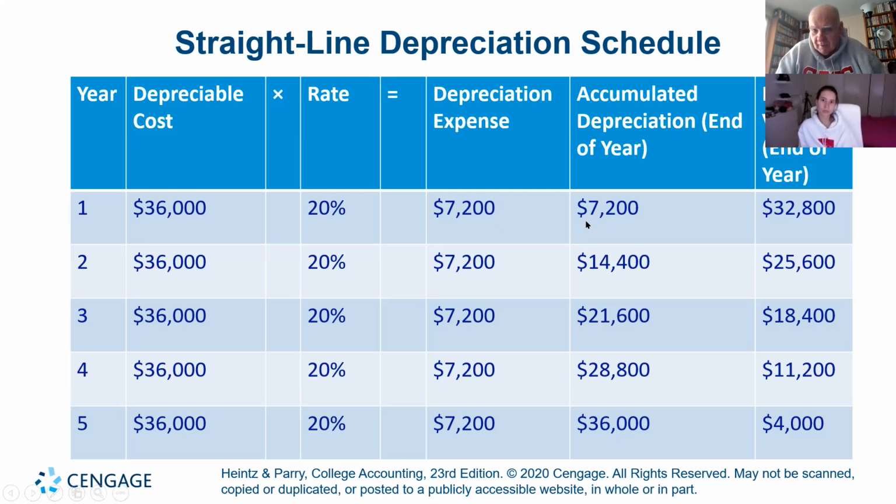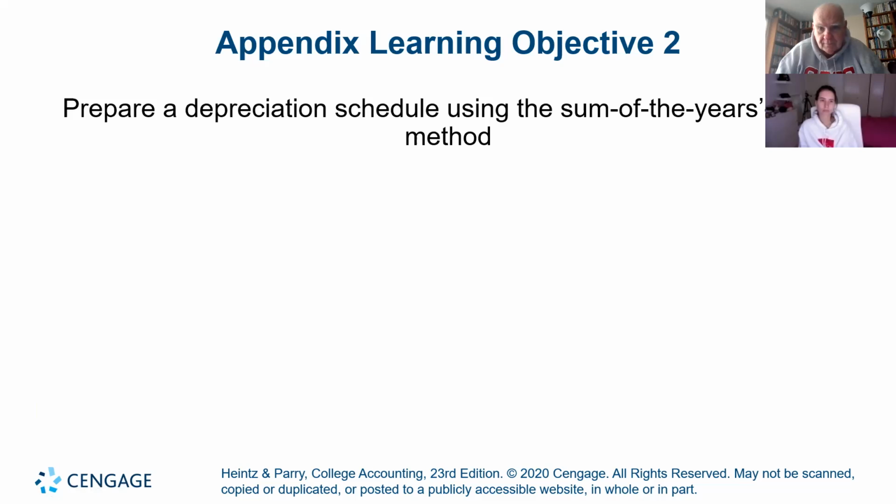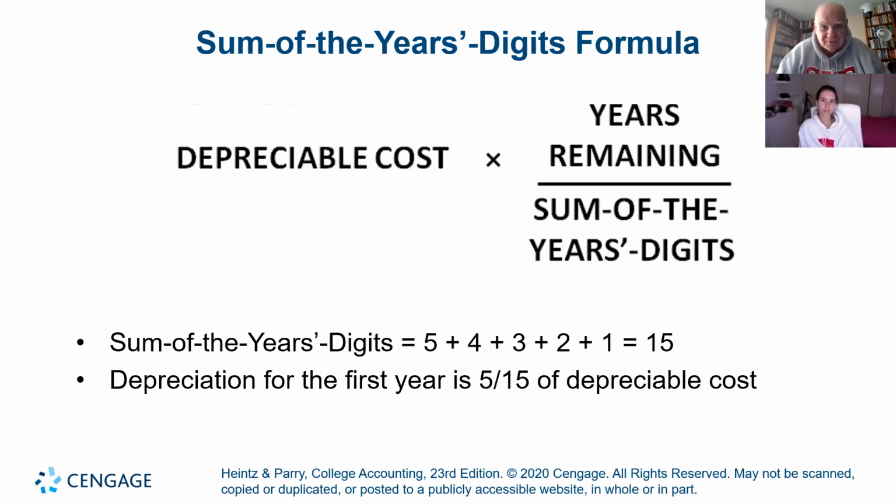That's going to be the same every month. Every month, we debit depreciation expense, and the accumulated depreciation grows until it equals 36,000. And here, our depreciable amount of 36 is going to stop at 4,000. You never go below the salvage value. Just a rule that you're going to be learning. We're not doing sum of the year's digits.